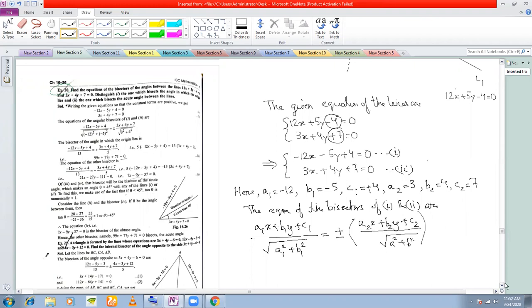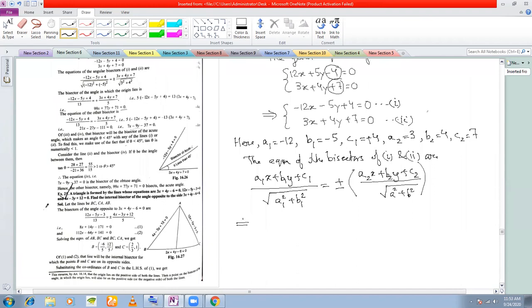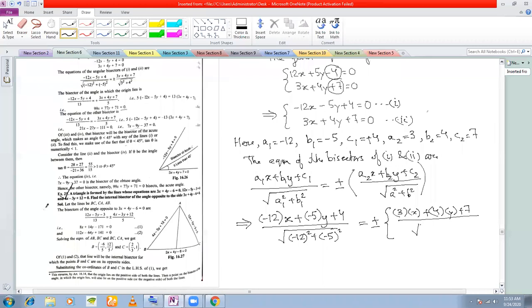Now I simply put the values here. A1 is minus 12, x minus 5y plus 4 by root over minus 12 square plus minus 5 square, which is 13, is equal to plus or minus 3x plus 4y plus 7 by root over 3 square plus 4 square.